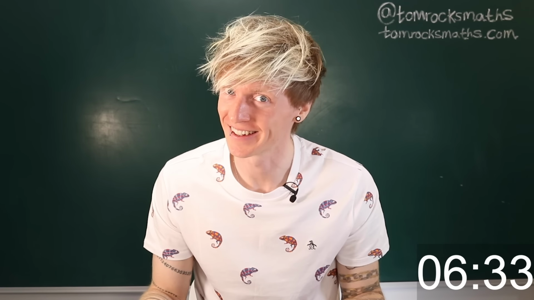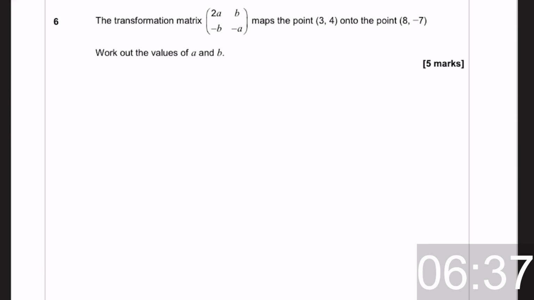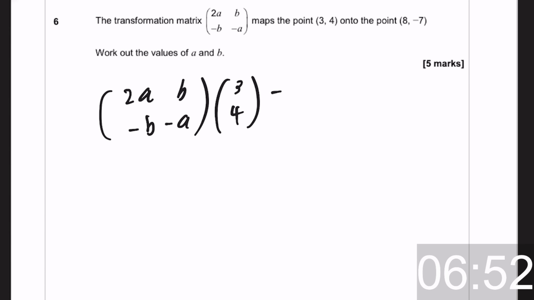The transformation. I didn't know we had matrices at Further Maths GCSE. I like it though, I like it. Transformation matrix maps the point 3, 4 onto the point 8, minus 7. So that means, I think, that the matrix with entries 2a, b, minus a multiplied by the vector 3, 4 should give me 8, minus 7.